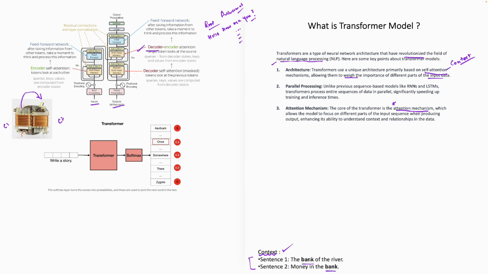That's the beauty of the English language, one word can have different meanings. Here, bank of the river is related to a river, and money in the bank is related to the money that you have in the bank. Words are the same, but the context is different.